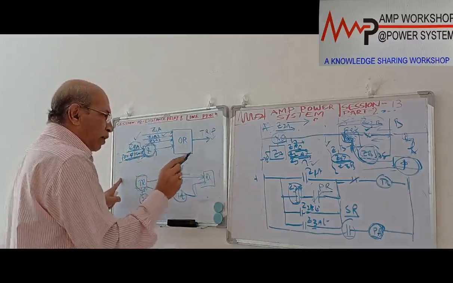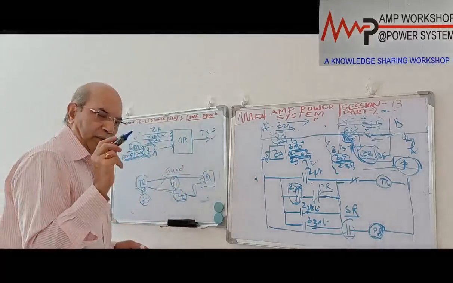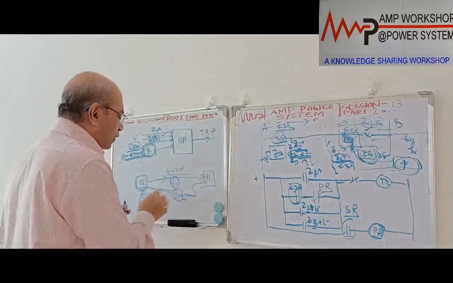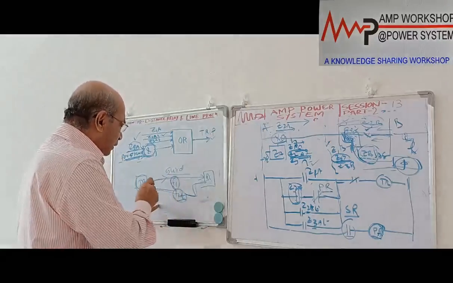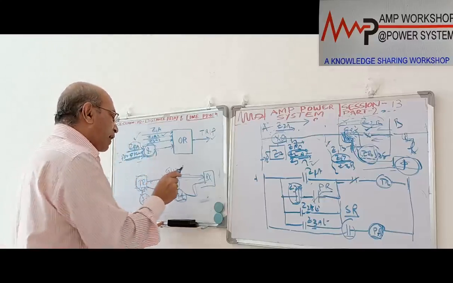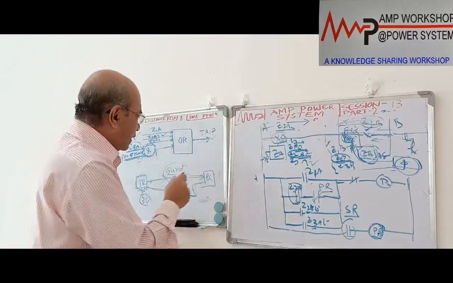This is what happens in the case of your permissive overreach scheme. Now this transmission channel is always sending one frequency, either that frequency or this trip frequency, always over the channel.